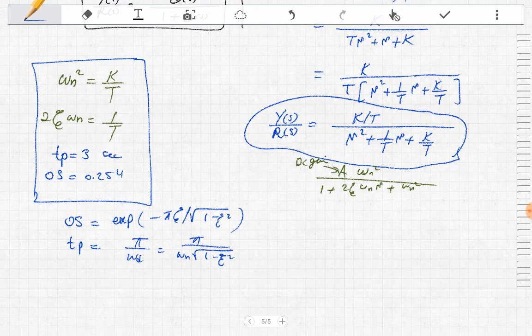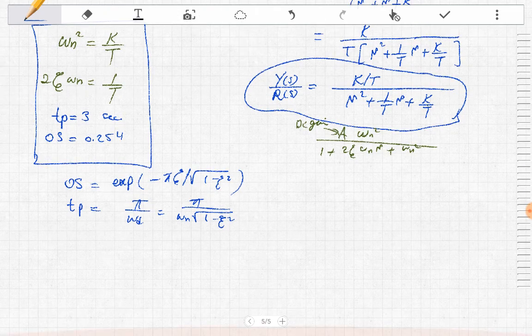Which one will you start with, the overshoot or TP? I'm not going to start with TP, because there are 2 unknowns, omega n and eta. But OS has only one, so it's better. Fine, now I will start with this.